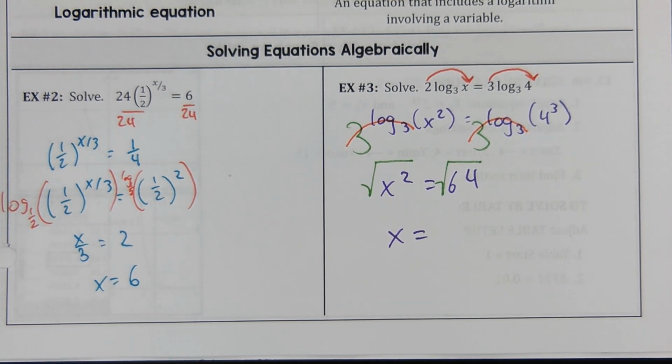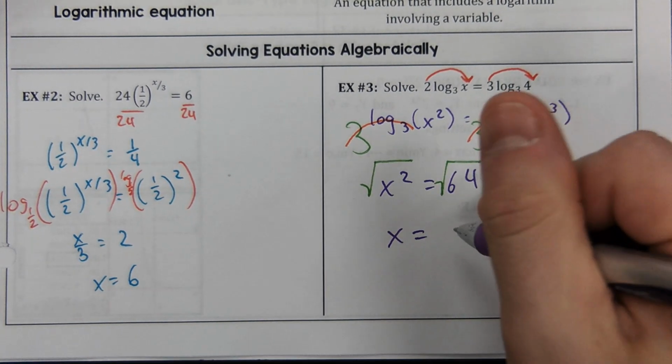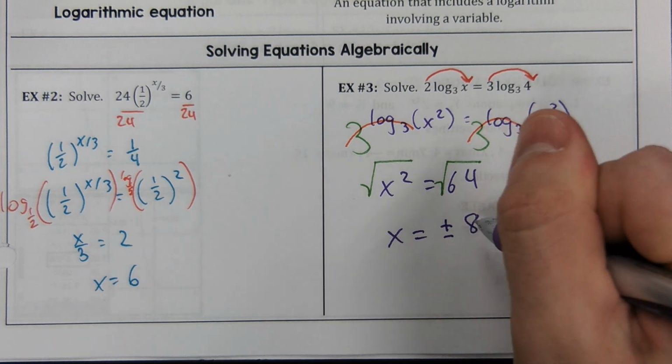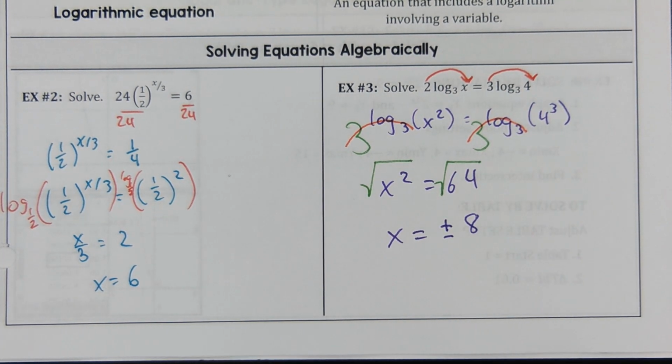And are there occasions when you would have the plus or minus? Yes. So I'm going to write the plus or minus, and then I'm going to remind you of some terminology that we haven't used in a while. Extraneous solutions.